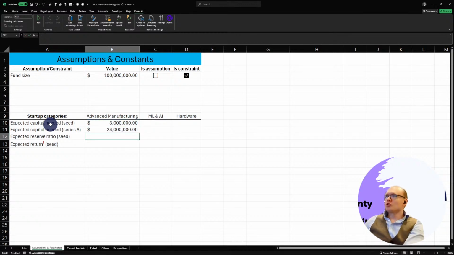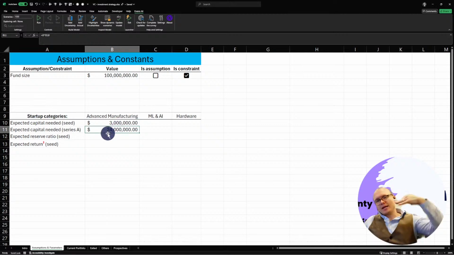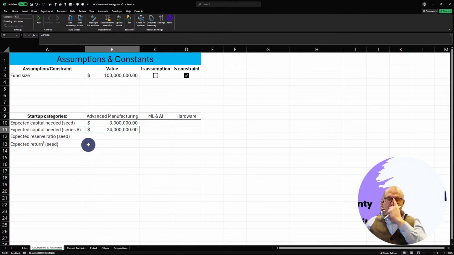So I will just say that whenever a Series A is raised in advanced manufacturing, it's going to be a fixed multiple of whatever was raised in the former round. Again, on average. But again, that is going to be an uncertain value. And in particular, it's probably going to be more uncertain what this multiplier is.